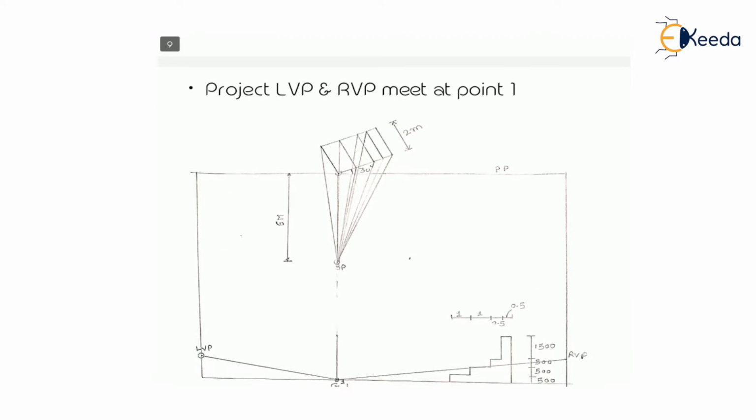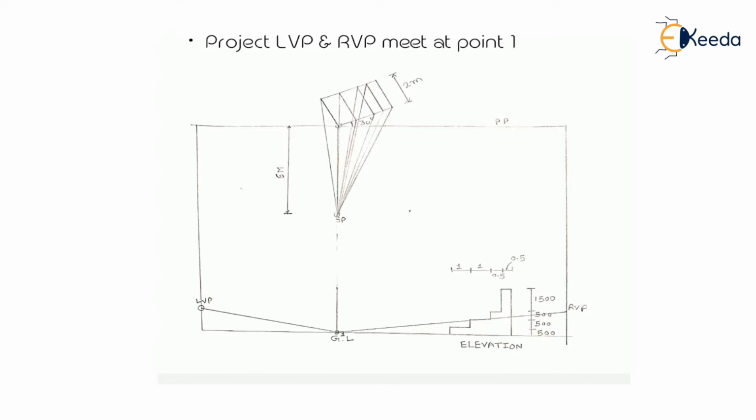Then project the VLP and RVP to meet at E. We get one reference point vertically from the SP on the ground line, which I note as point number 1, and we project the lines from VLP and RVP to meet at point 1. That's why we draw those two lines, the first one and the second one.